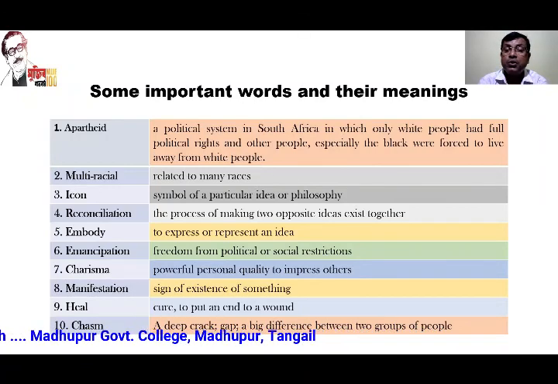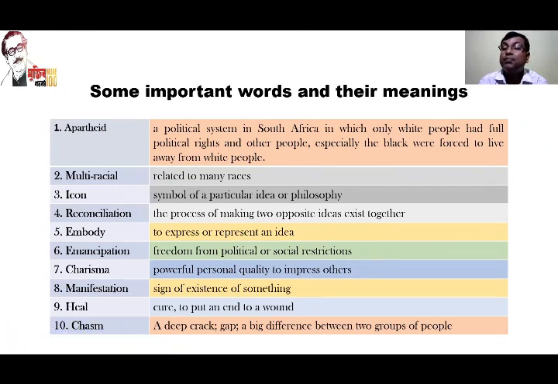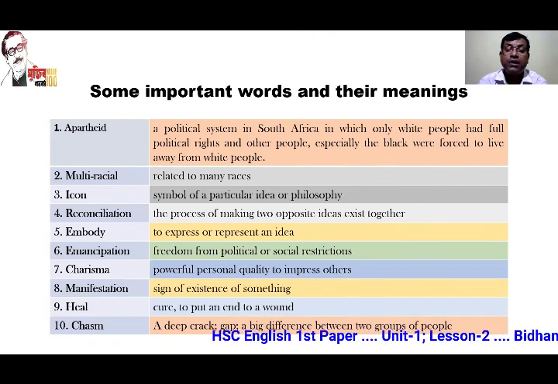Then reconciliation, the process of making two opposite ideas exist together. That means a kind of agreement between two opposite parties. Then embody. Embody means to express or represent an idea. Emancipation, that means freedom from political or social restrictions.